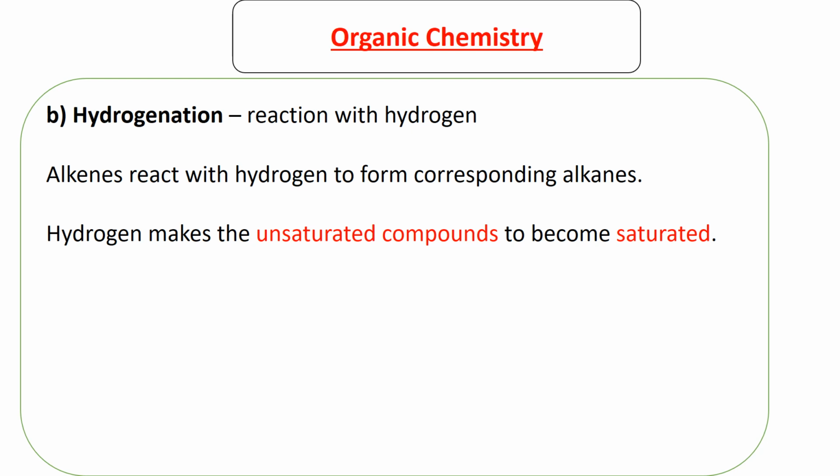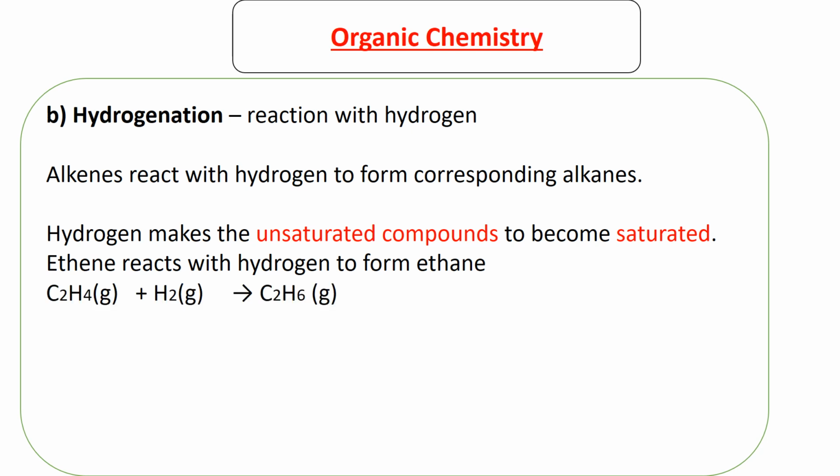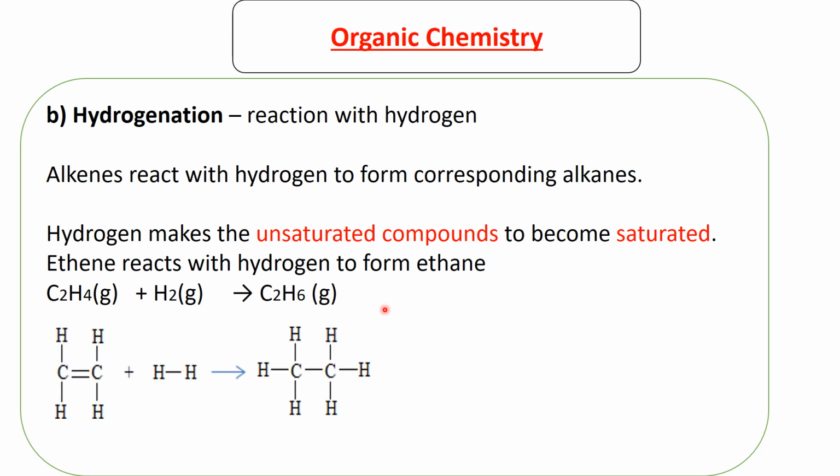Hydrogenation, in short, makes the unsaturated compound become saturated. Ethene reacts with hydrogen to form ethane, for example. So this is ethene. When you give it two hydrogen atoms, the hydrogen atoms will combine with these, and we're going to have 6 hydrogen atoms, which is ethane. So using structural formula, we have ethene reacting with hydrogen.